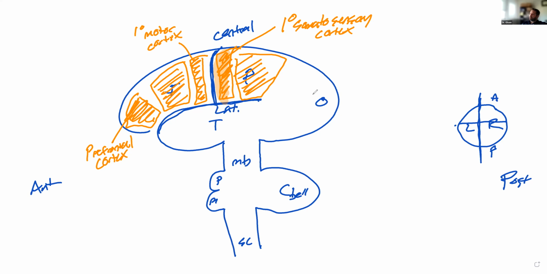In your occipital lobe here, you have a cortex, and this is your visual cortex.